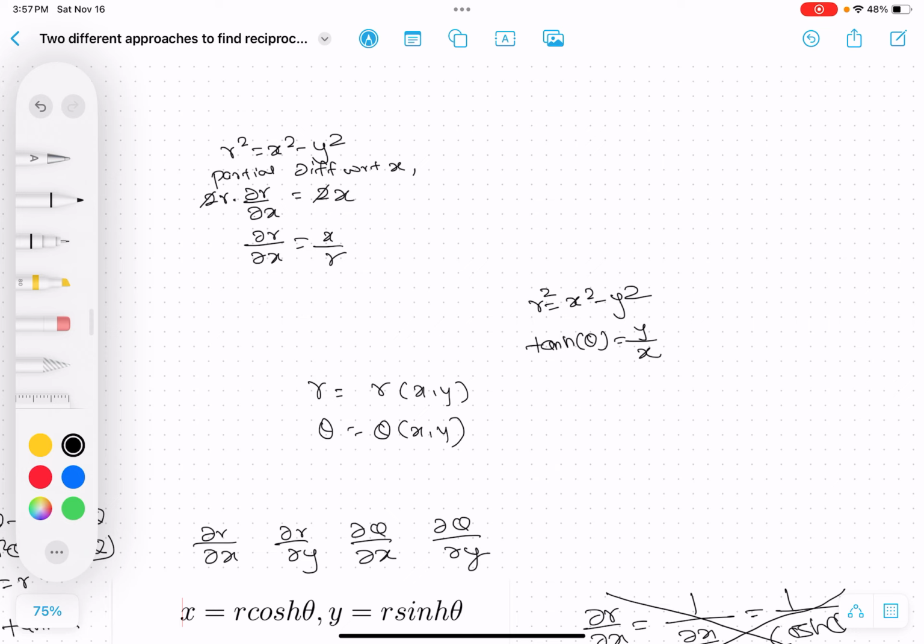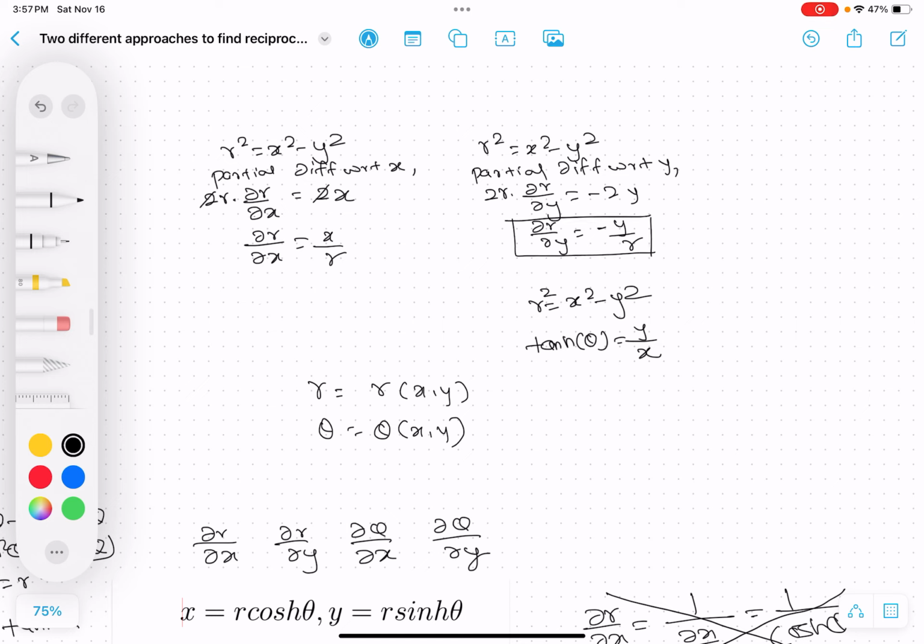Similarly, if I do the same thing with this equation, partially differentiating with respect to y, the r square will become 2r, and then partial r by partial y will be minus 2y. So partial r by partial y will just be minus y by r. So we got these two expressions, right?